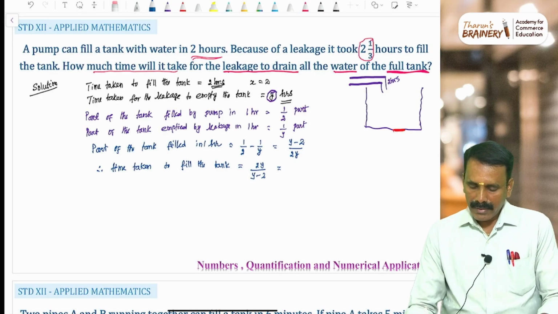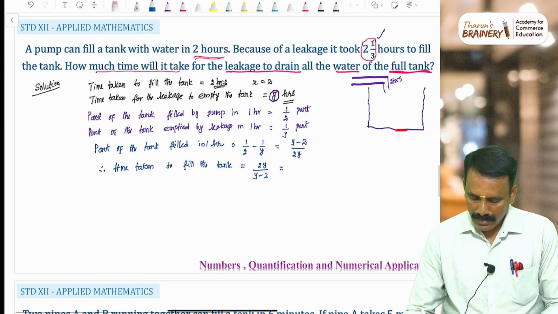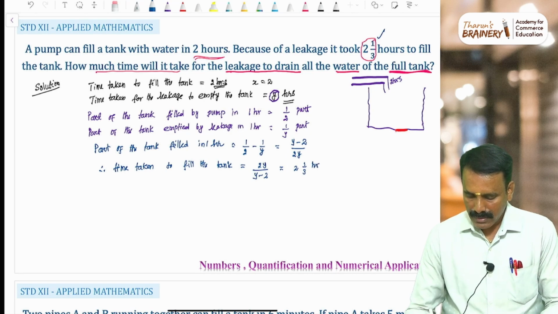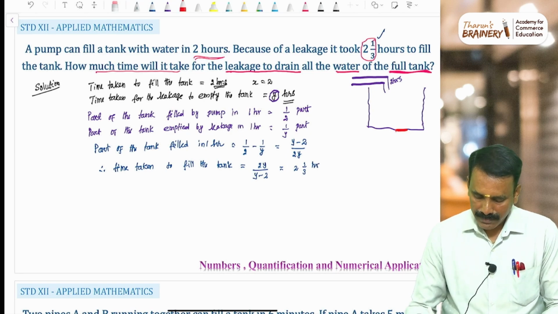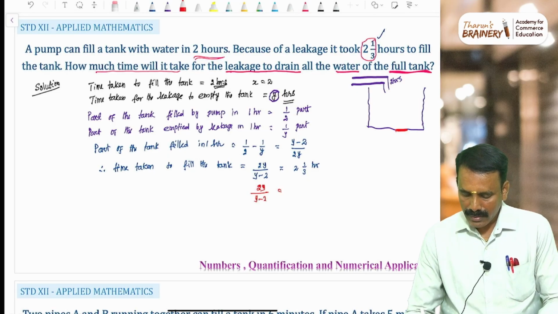And it is given by 2 1 by 3 hours. So we try to simplify this expression. 2y divided by y minus 2 is equal to 7 by 3.